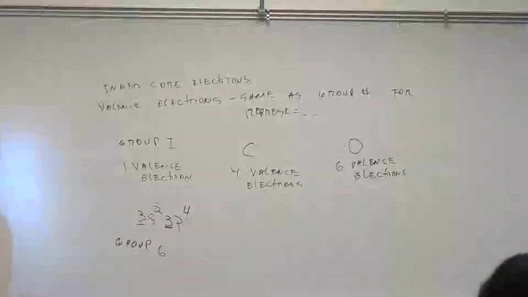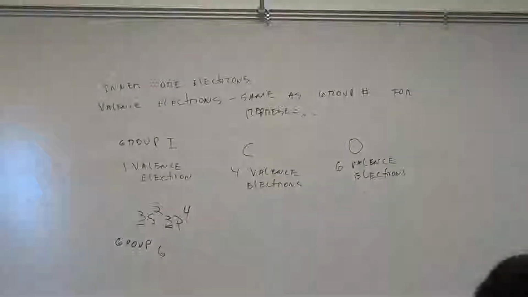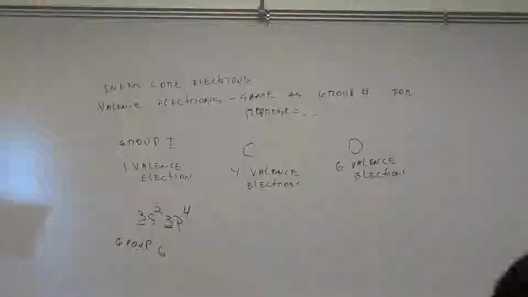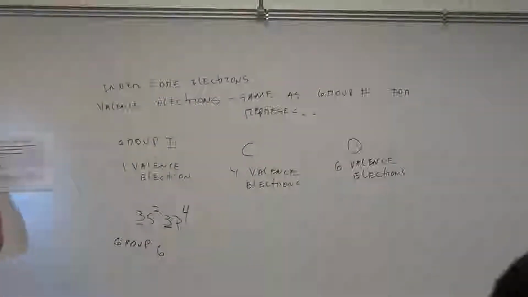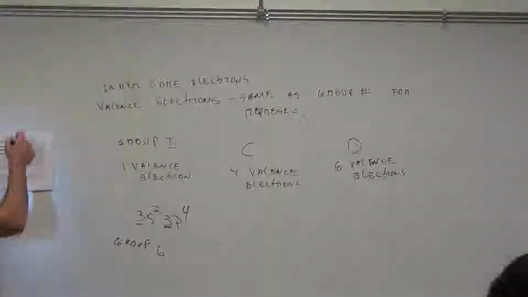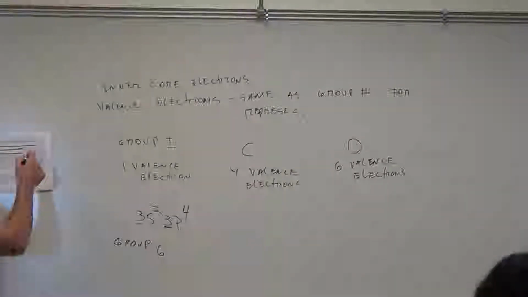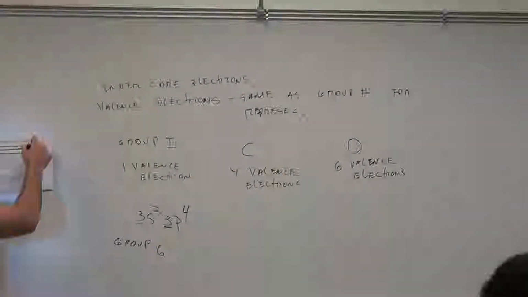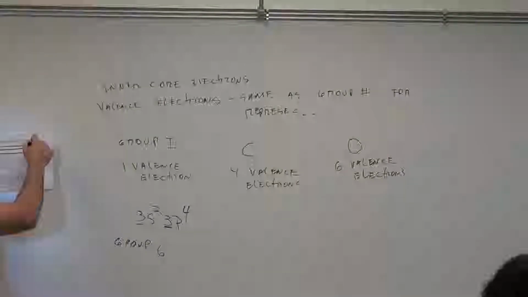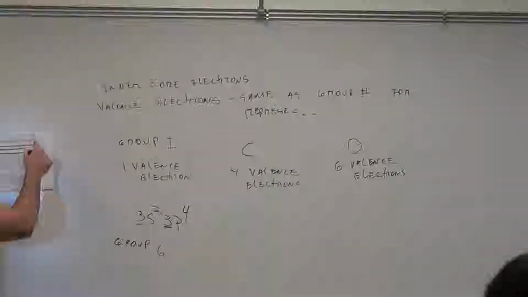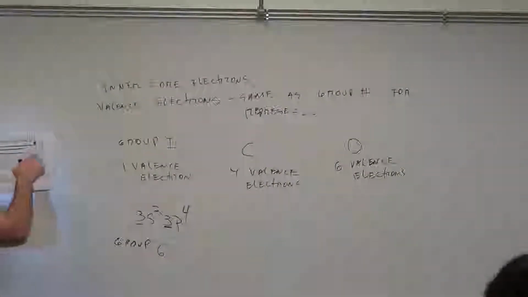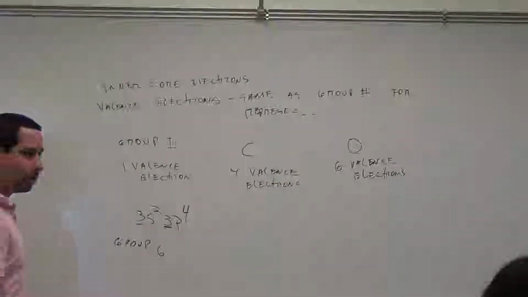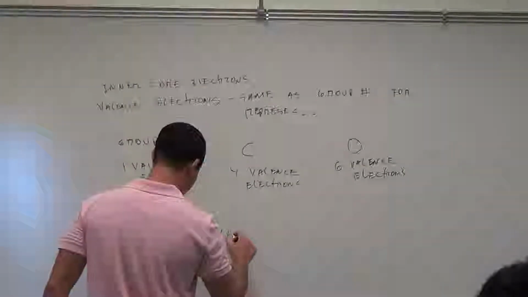Group 1, 2, 3, 4, 5, and 6 is the group for oxygen and all its relatives. And this is oxygen. And this is in period 3, 1, 2, 3, that is sulfur.